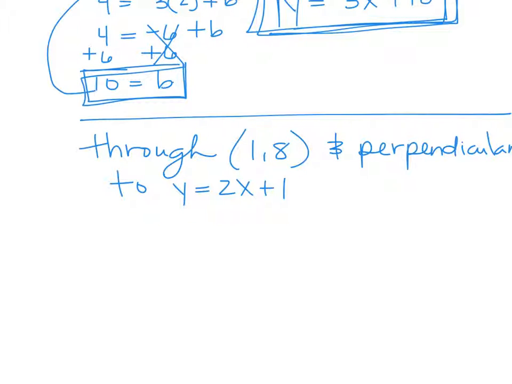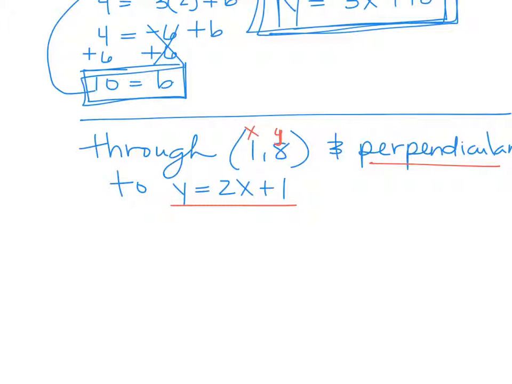Okay, so if we're going through 1, 8, what variables are going to go with those? That's your x and your y, okay? And then perpendicular to this means what? Opposite reciprocal of what?